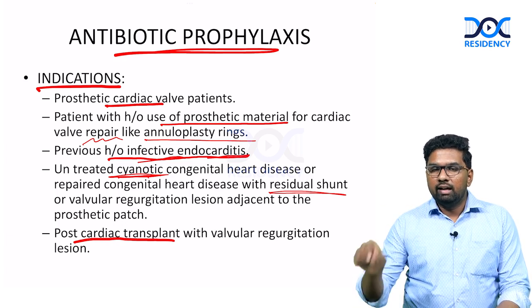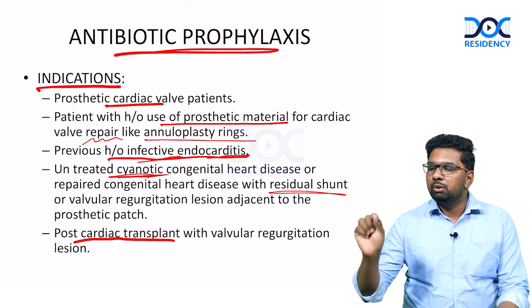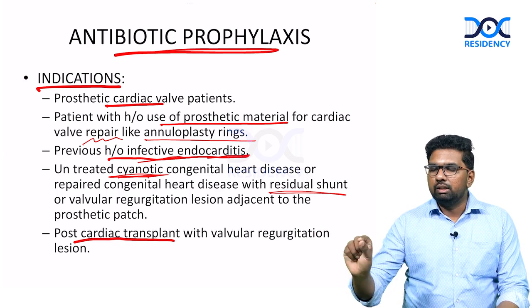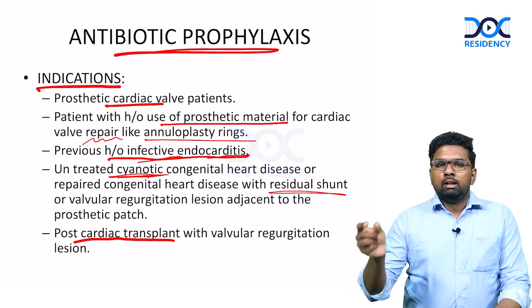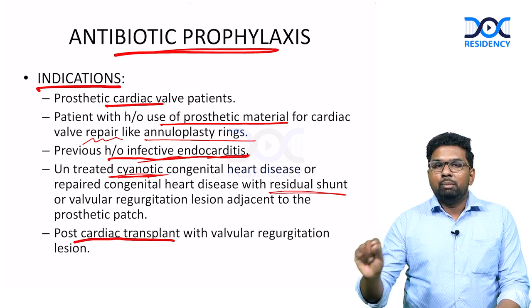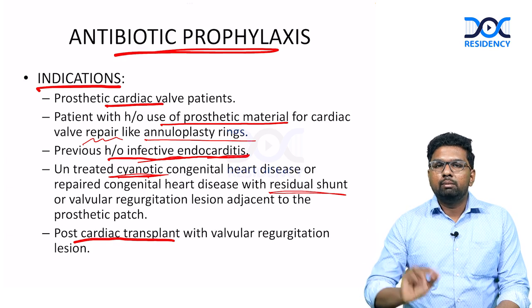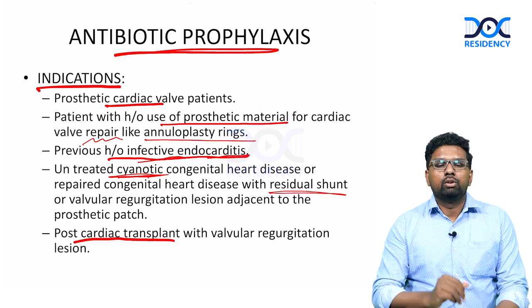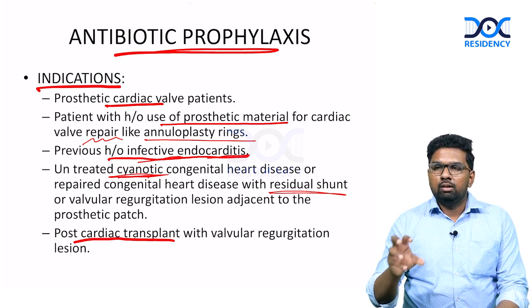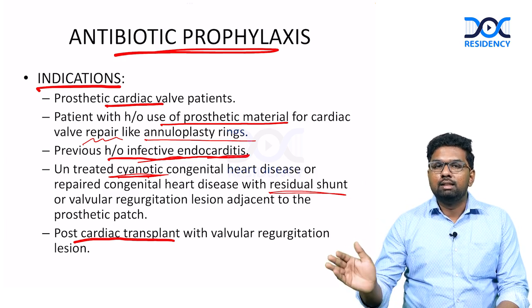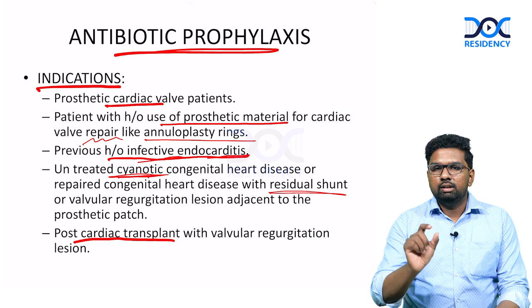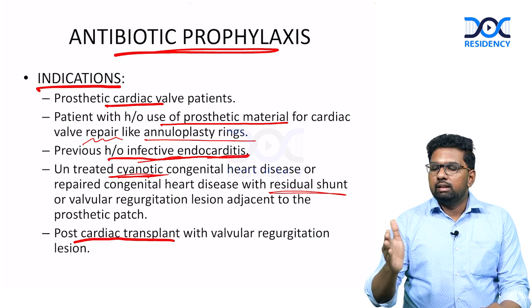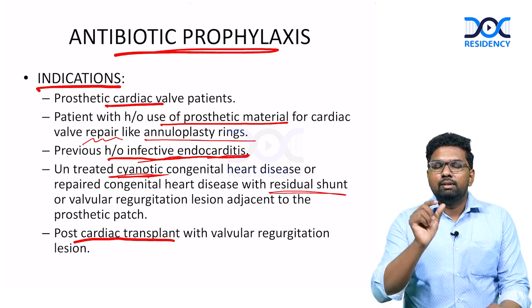So the criteria for antibiotic prophylaxis to prevent an acute episode of infective endocarditis are: patients with a prosthetic, replaced valve; patients with valve repair using artificial prosthetic materials like an annuloplasty ring; patients with a previous history of infective endocarditis; patients with known untreated cyanotic congenital heart disease, where a definitive procedure has not been done; and cases with surgery like VSD closure or ASD closure with residual shunting.